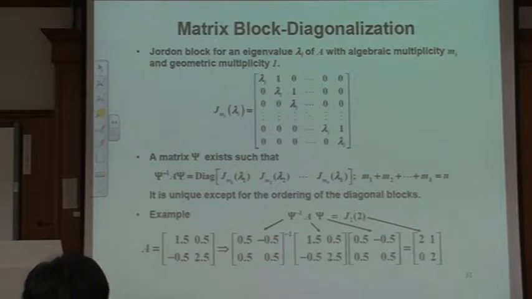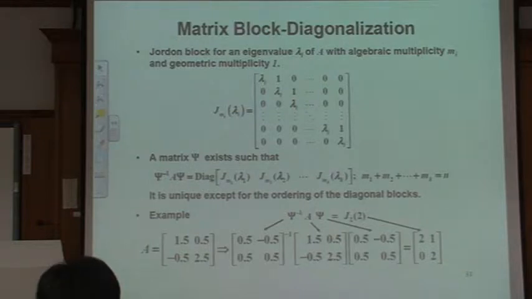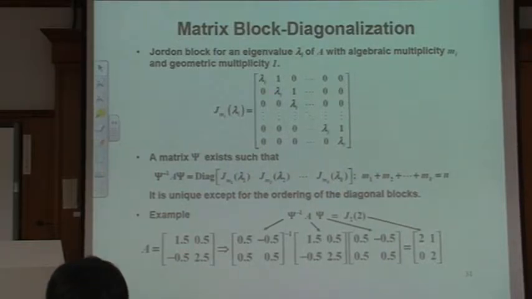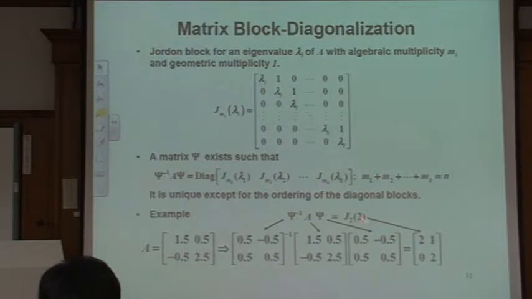You can see the final matrix is not completely diagonal, just partially diagonal, because this 1 here is not 0. So a defective matrix cannot be completely diagonalized because it has a repeated eigenvalue. The best thing we can do is to partially diagonalize.